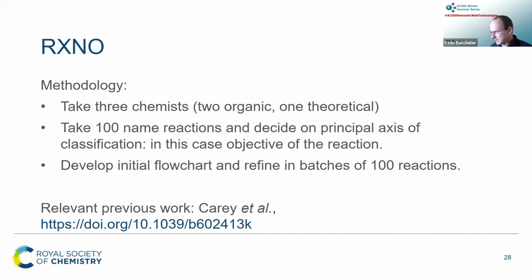You decide how to decide what an entity's parent is, and then what differentiates its siblings. In this case, for reasons I'll come to, it was the objective of the reaction. What is the chemist trying to do in the lab? We made a flowchart, and then we had meetings where we refined this flowchart, looking at reactions 100 at a time.